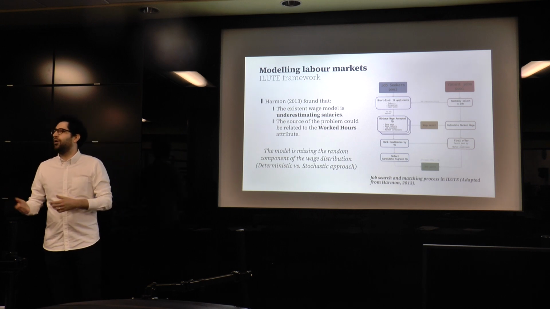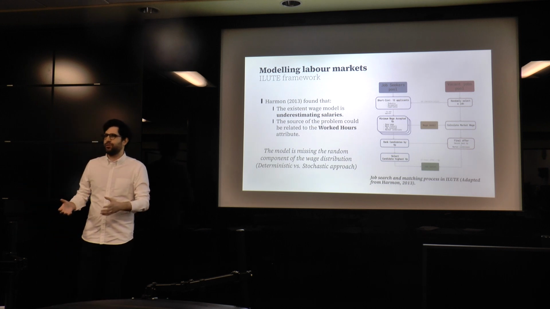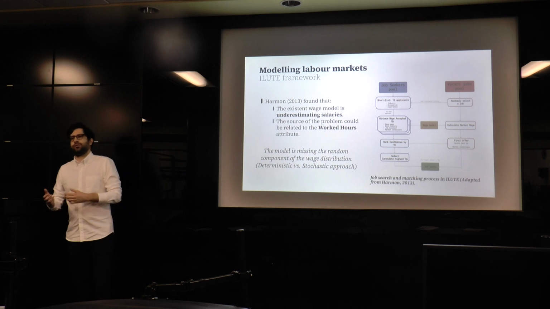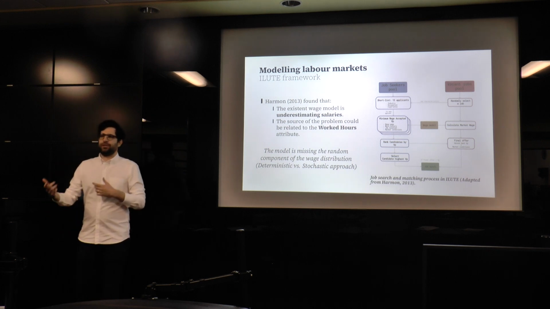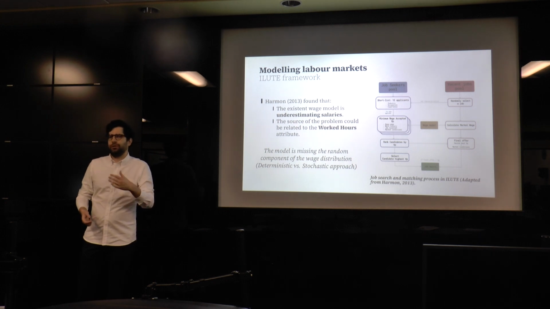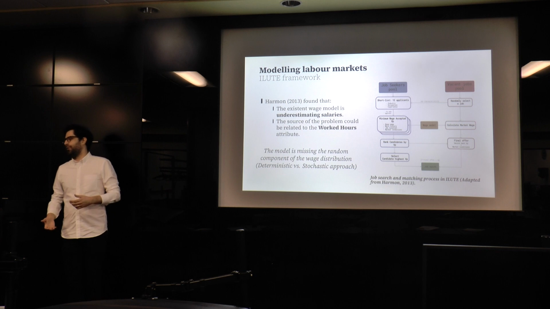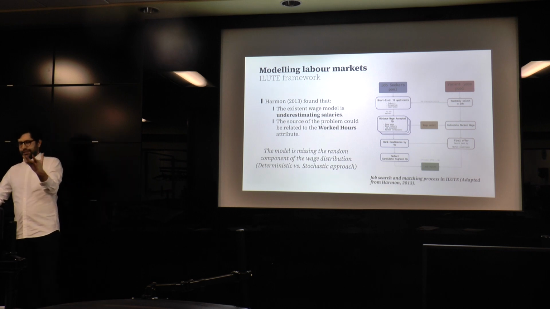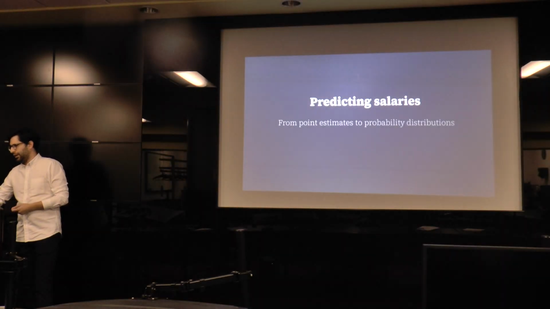But in reality, we know that two workers with the same attributes will have differences because one person has better negotiation skills, or simply because the other is luckier to find a firm that can pay more money. So it would be interesting to introduce that random component in that model.